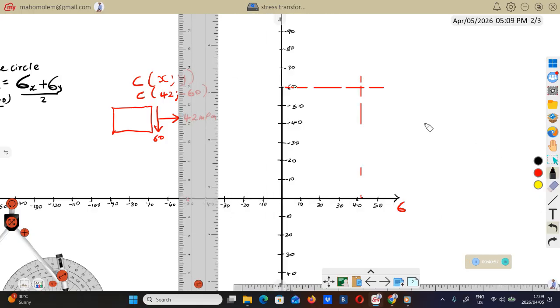Then where they meet, it's going to be this point here, this one.